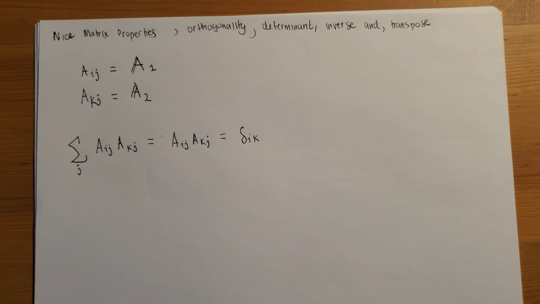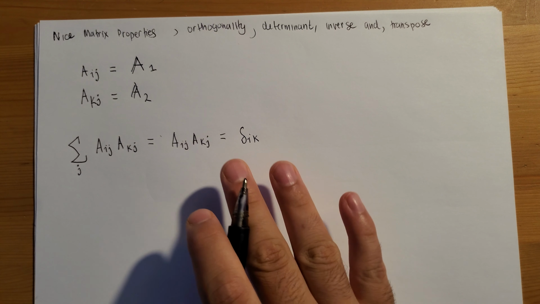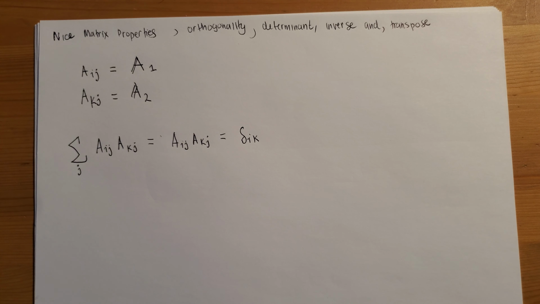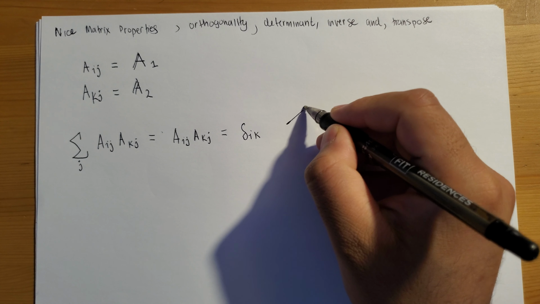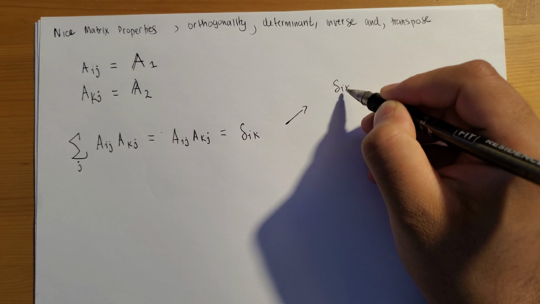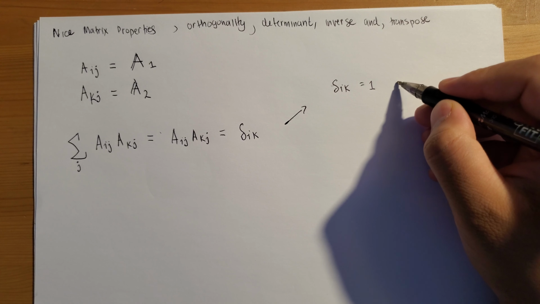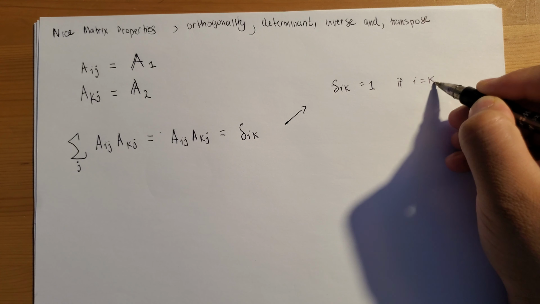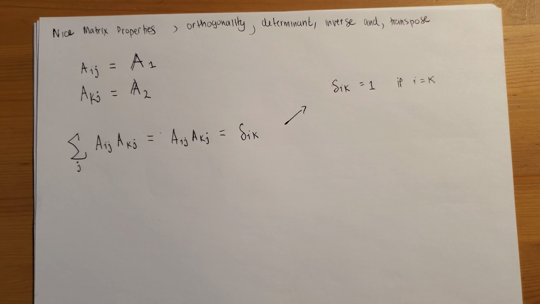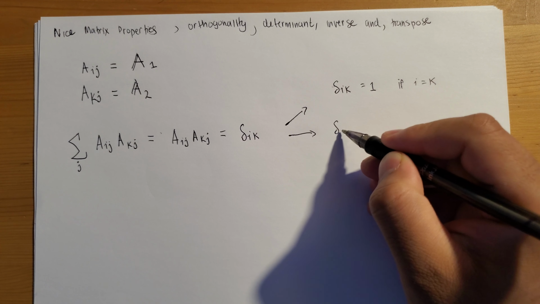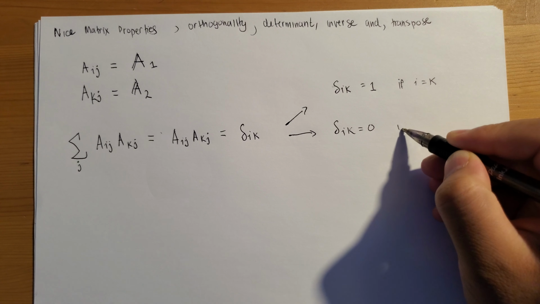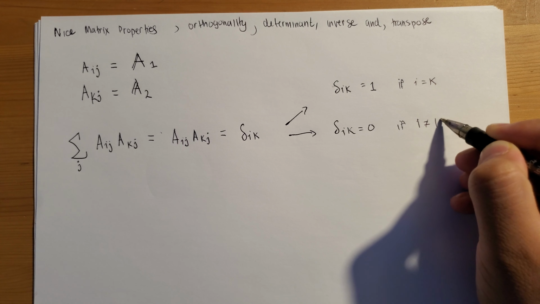What this means is that each row in matrix 1 is orthogonal to the one in matrix 2. The only way that this is going to be equal to 1 is if i is equal to k, in which case it just means that they're the same row. But otherwise, it's going to be equal to 0 if i is not equal to k.